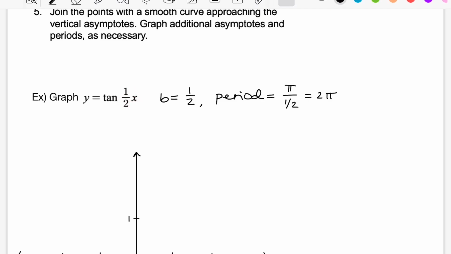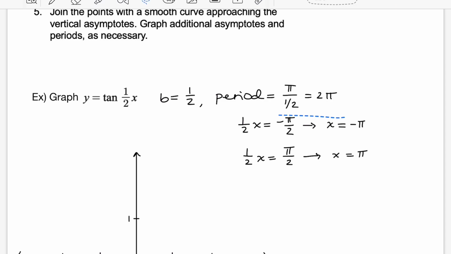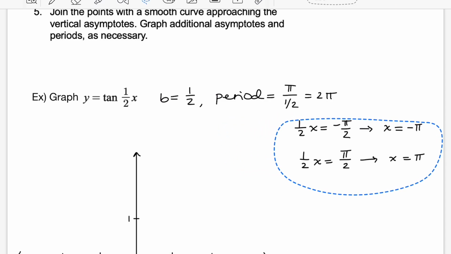So in order to find the asymptotes, we're going to set 1/2 x equal to negative pi over 2. This gives us x is equal to negative pi. And to find the other vertical asymptote, we set bx to positive pi over 2. Solving for x, we get positive pi here. So these will be our two vertical asymptotes.